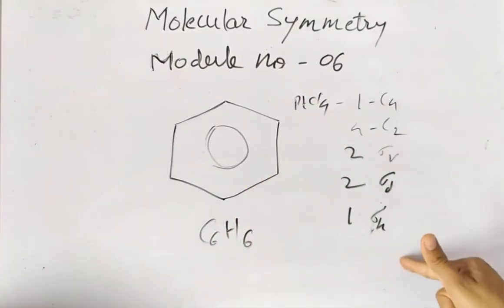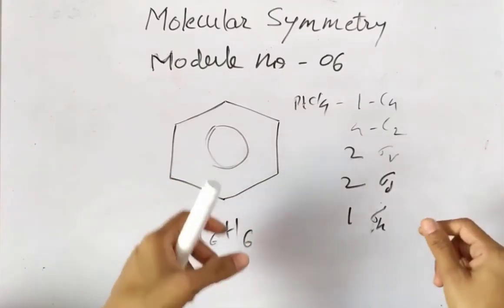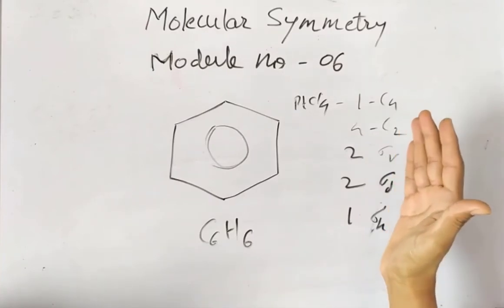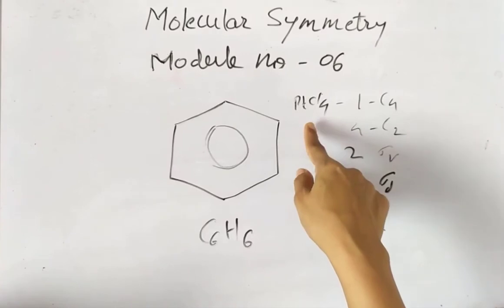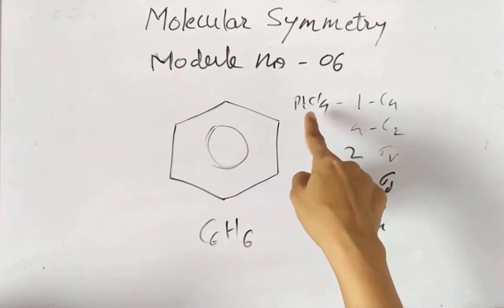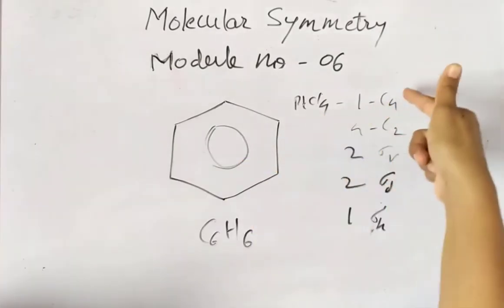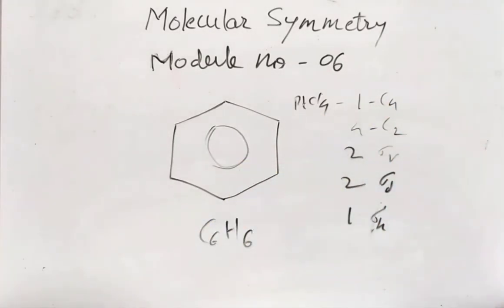Such a list you have to prepare for benzene, analogous to the PtCl4 molecule. If this molecule is very much clear to you, then easily you can find such a list for benzene also. I will just do the beginning.